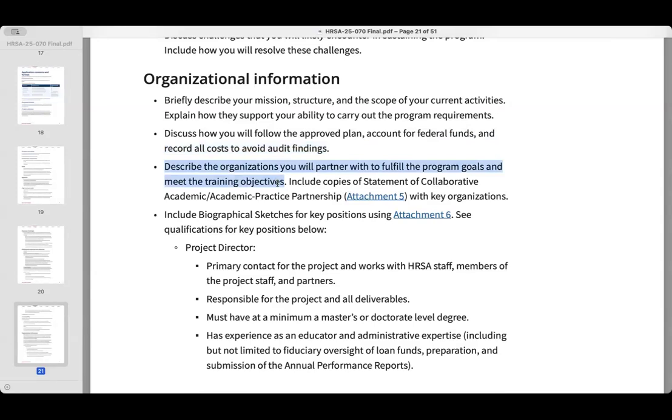So this is an interesting one because if you're just reading this, this might be the first time that you're noticing that another organization is engaged. Now, you'll be including these things as an attachment. When you work with these organizations, you can help them tailor the statement that they give to provide support.